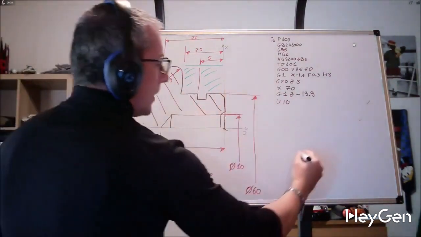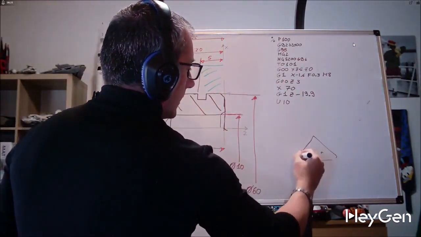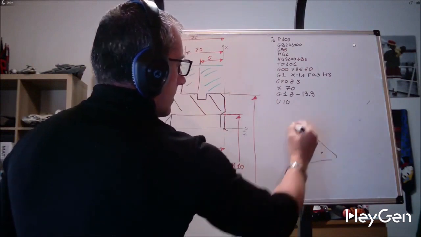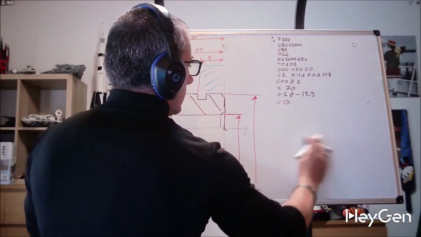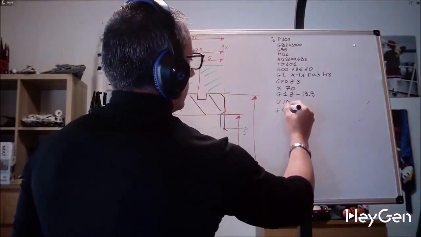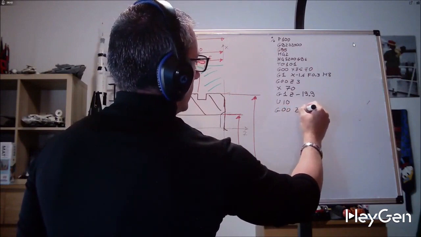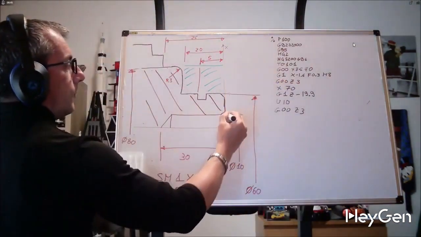The possible inclination of the insert that is cutting is straightened to avoid unpleasant lines during the finishing phase. G0 Z3. So what I did was finish the chamfering.